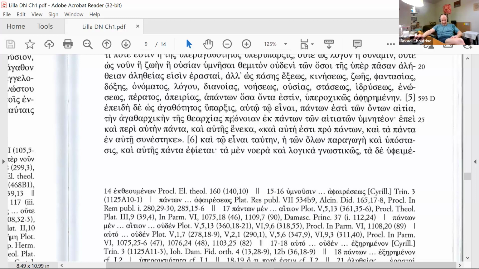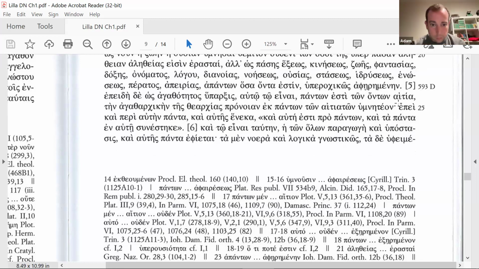It's archi which is kind of derived from the highest archi, which is Godhead. Okay.